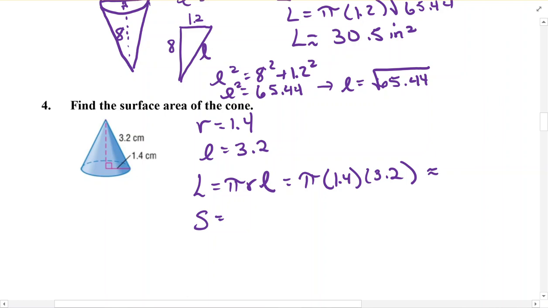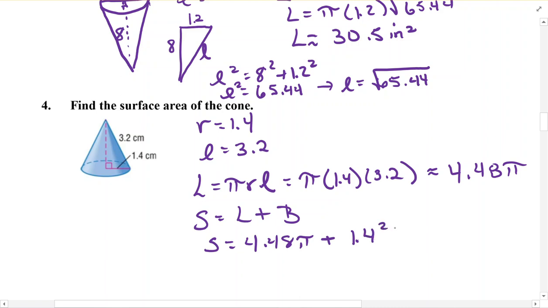The lateral area is approximately 4.48 pi. So for the surface area, we have lateral plus the base, 4.48 pi plus 1.4 squared pi. The surface area is 20.23 centimeters squared. And that concludes our lesson for 12.3.